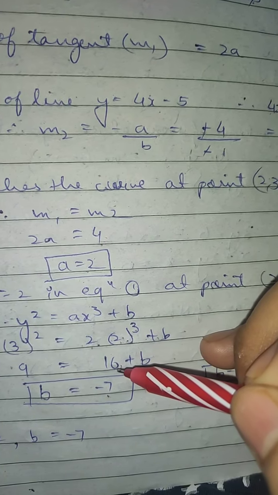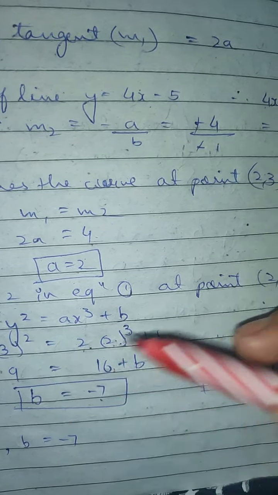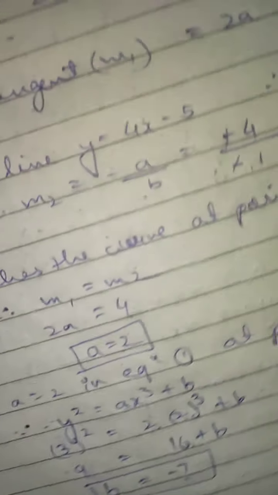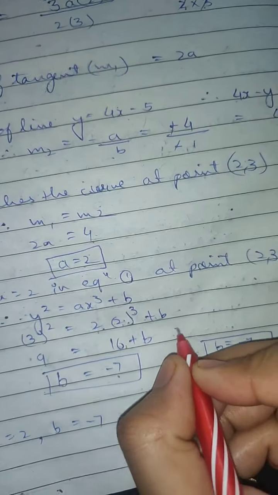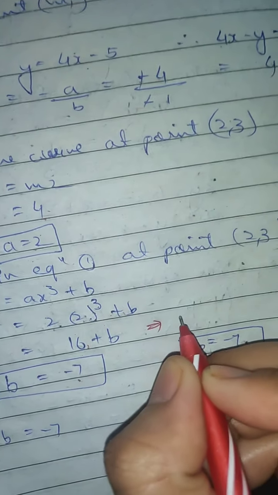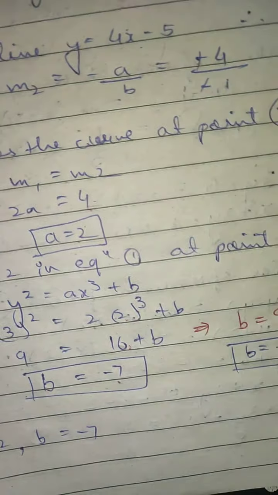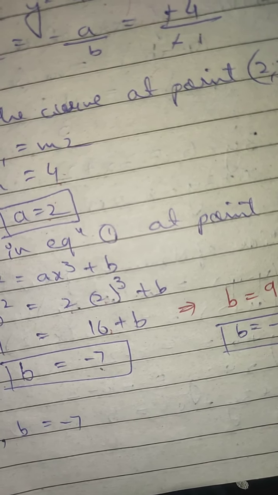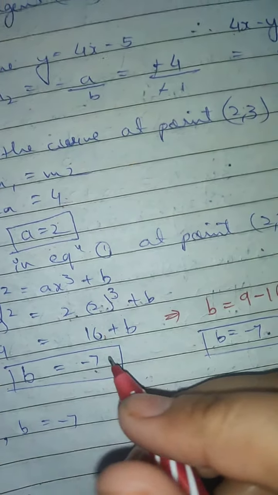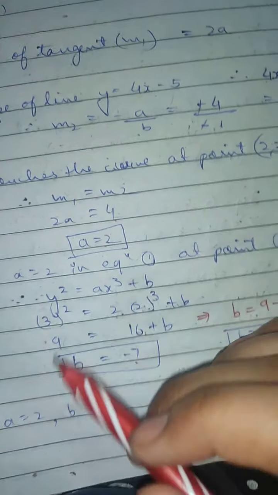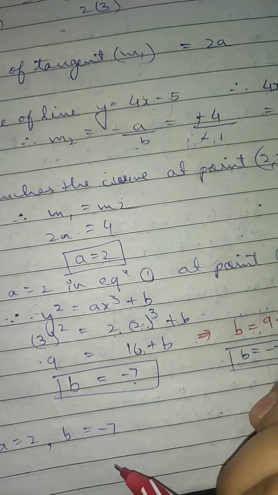Then 16 goes to the other side as minus 16, so b is equal to 9 minus 16. 16 minus 9 is 7, but the greater number has the minus sign, so minus 7. Therefore we got a value 2 and b value minus 7.